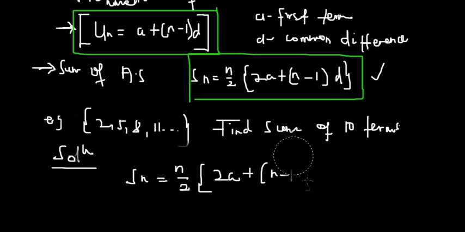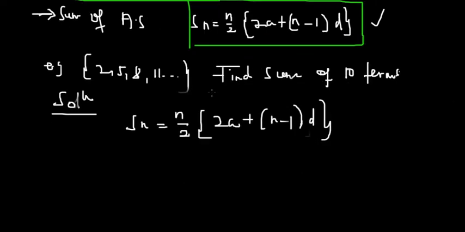We are told to find the sum of 10 terms, so these are n. So we are finding the sum of n terms, which is the sum of 10 terms.